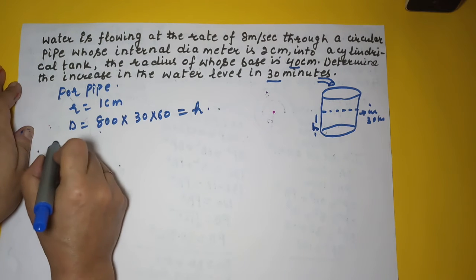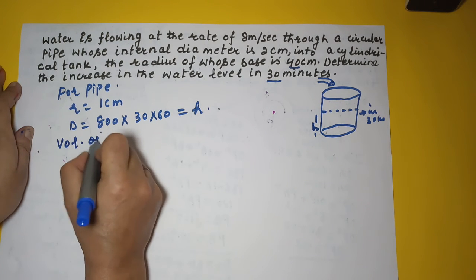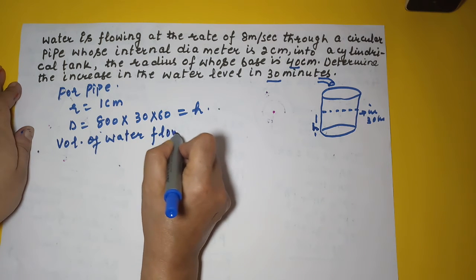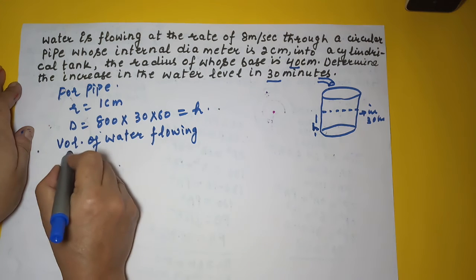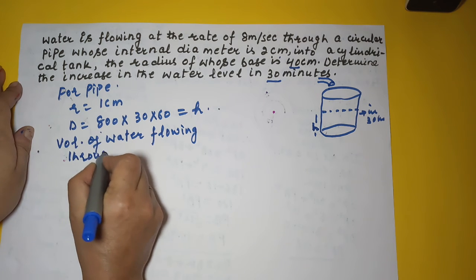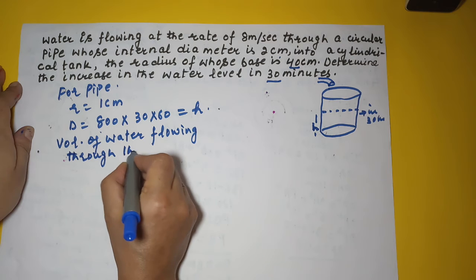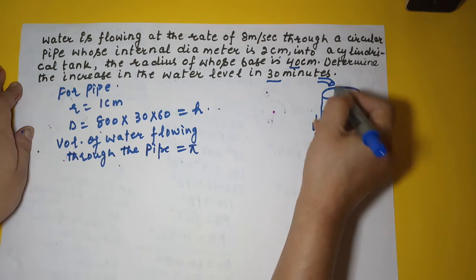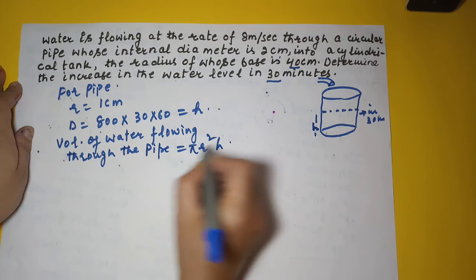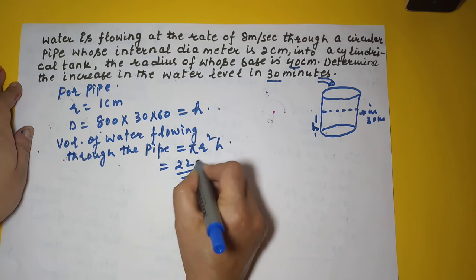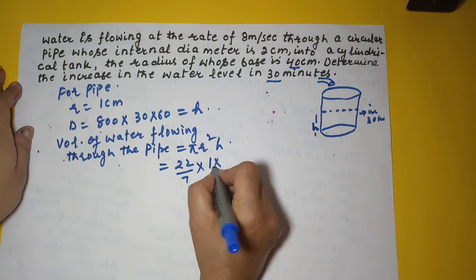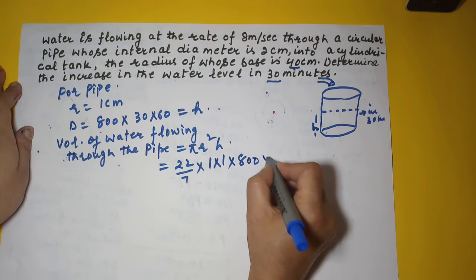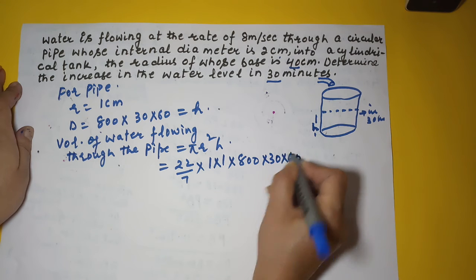So this becomes my height for the pipe. So for the pipe, the volume of water flowing through the pipe will be pi r square h, since it's a cylindrical pipe. So that is 22 by 7 into r is 1 into 1, and my height is 800 into 30 into 60, right?